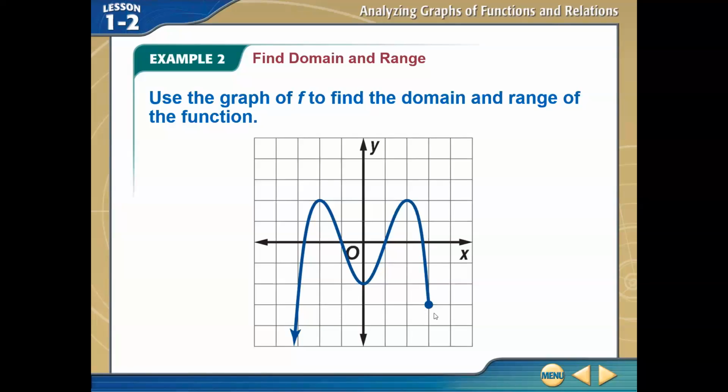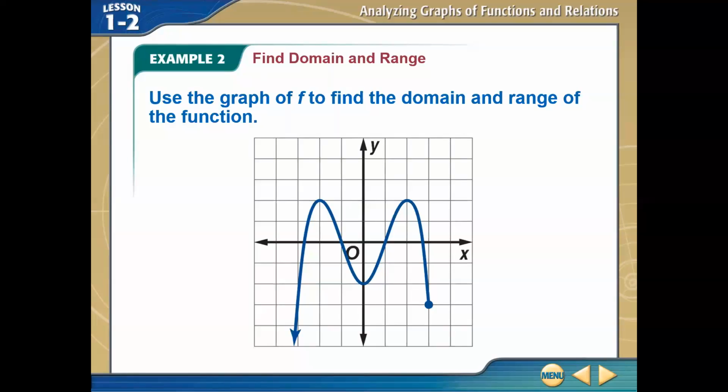It doesn't go past that. That is the graph telling you that this is the limit of the domain. So when we're looking at the domain here, if we go 1, 2, 3 units to the right, that's our high end. So our domain cannot be greater than 3, but 3 is encompassed because it has a colored in circle.